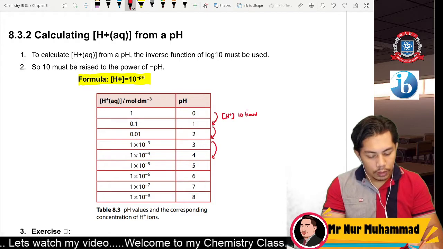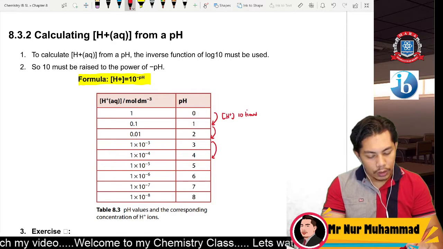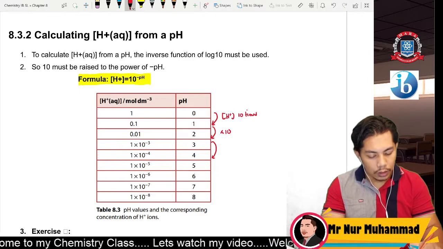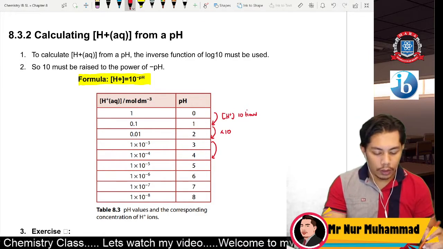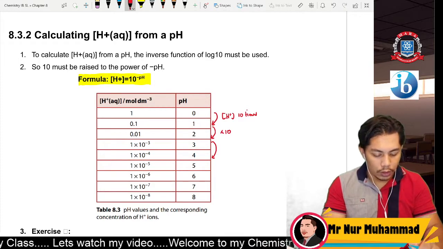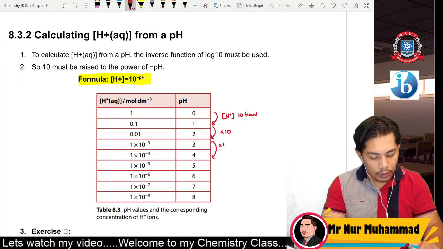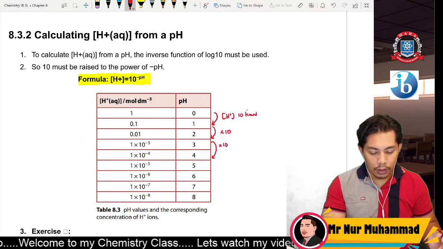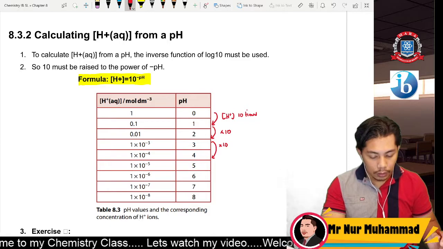Increase 10 times, right? When pH increases from 1 to 2, the concentration of hydrogen ion increases 10 times. When pH increases from 2 to 3, it increases 10 times, okay? And so on. Let's say pH is 0.